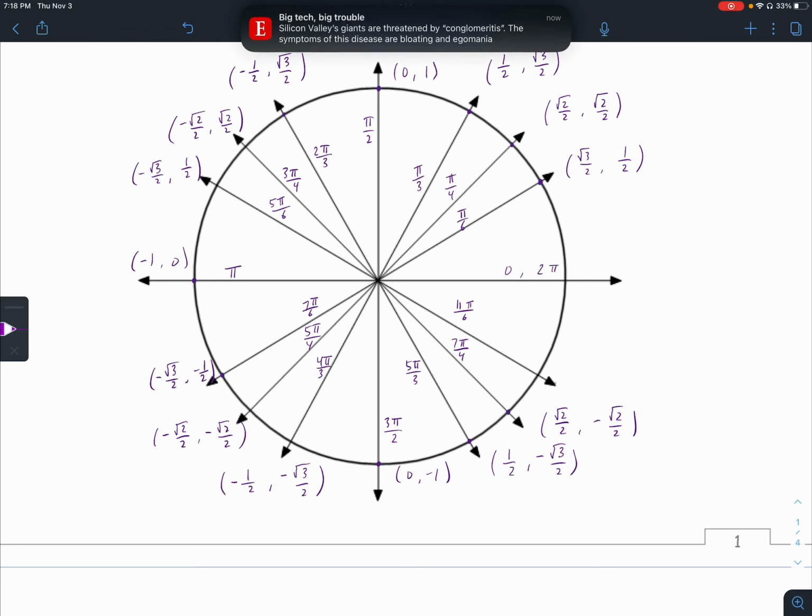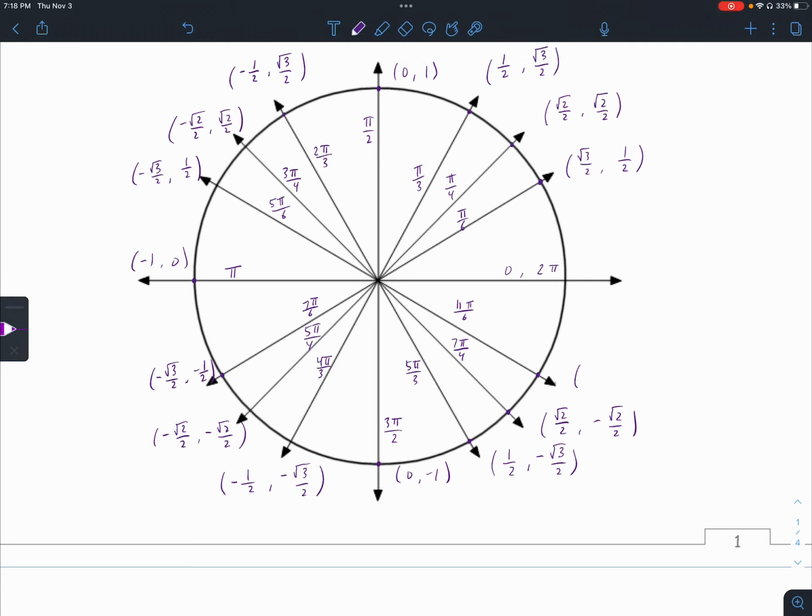Okay. And then the next point over. So this is now for 11 pi over 6. Positive, not negative. So positive, so this is going to be root 3 over 2 and negative 1 over 2 for sine of 11 pi over 6.